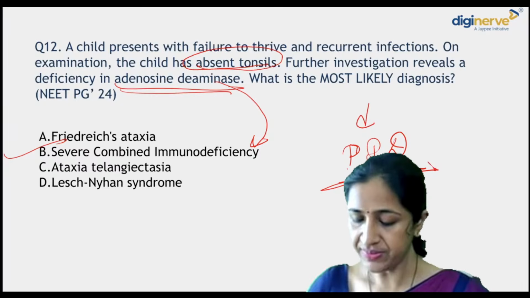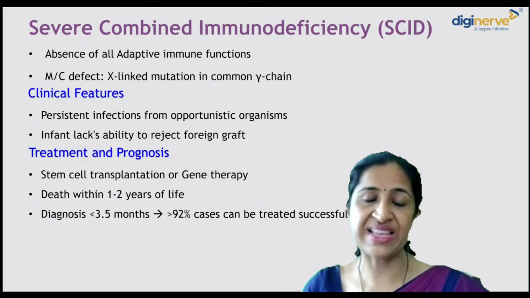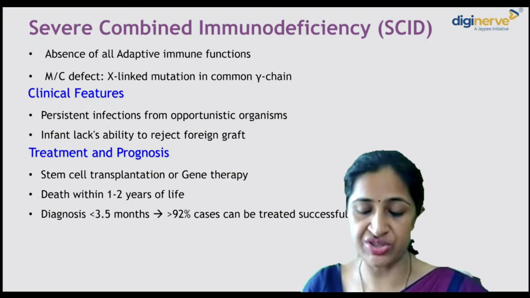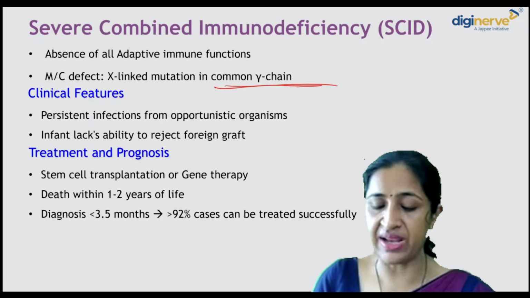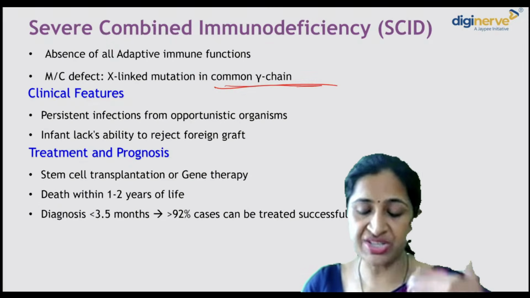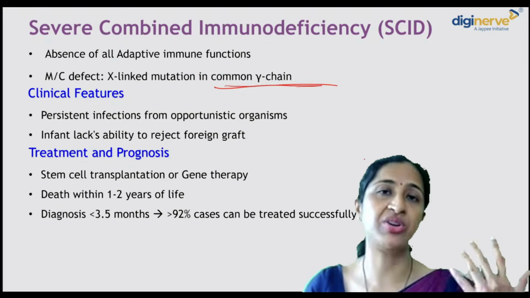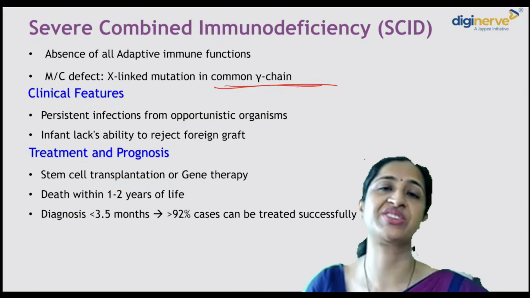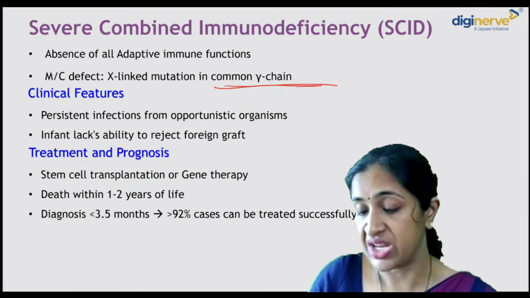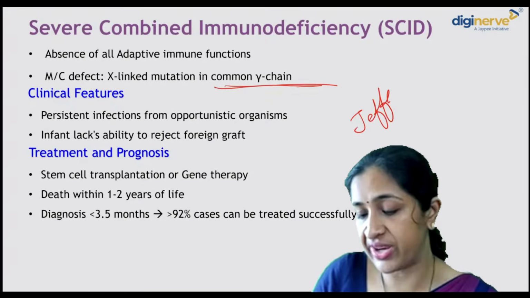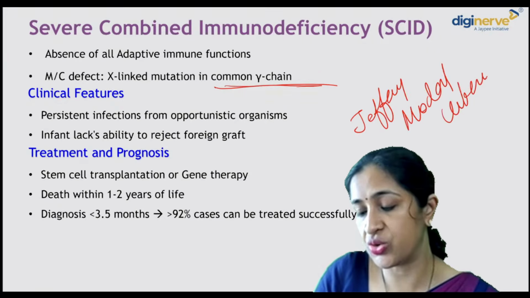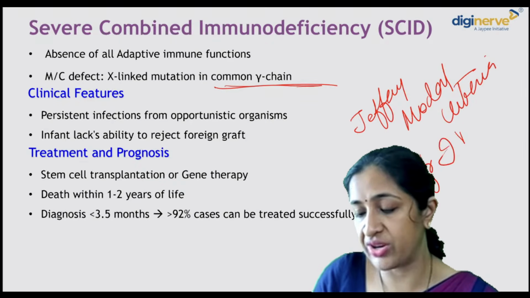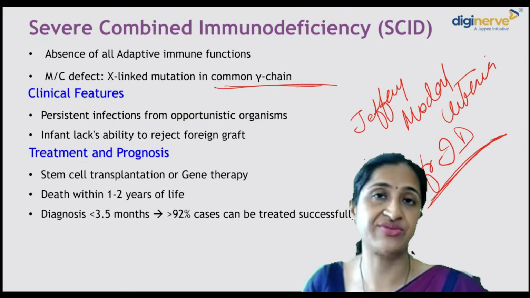Okay. So SCID is the absence of all adaptive immune functions, and here this is a defect in the common gamma chain. The infections are recurrent, child is unable to overcome these infections. Every infection becomes a very severe infection. There is something called the Jeffrey Modell criteria. You all should know this for immunodeficiency, for red flags for immunodeficiency.